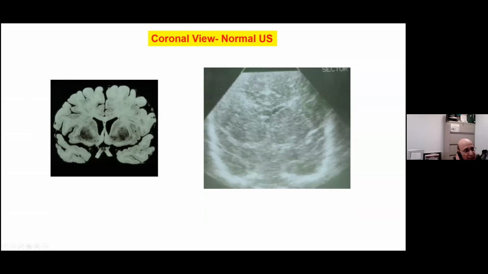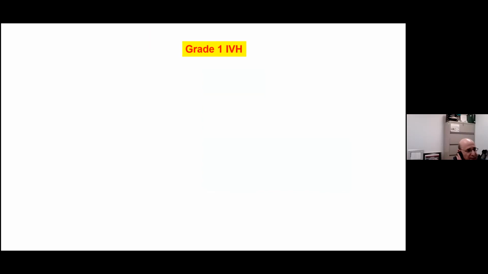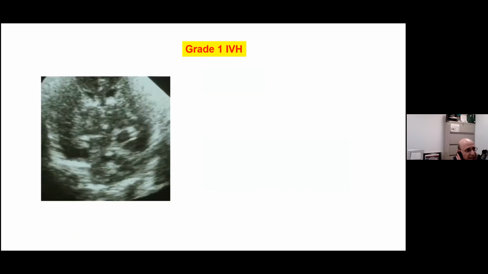This is a coronal ultrasound scan, and you can barely see the frontal horns of the ventricles, best seen on the left in this one. The right is barely visualized. This is the periventricular region that we'll talk about a bit later, and it seems to be of normal consistency. So this is an example of a normal cranial ultrasound scan.